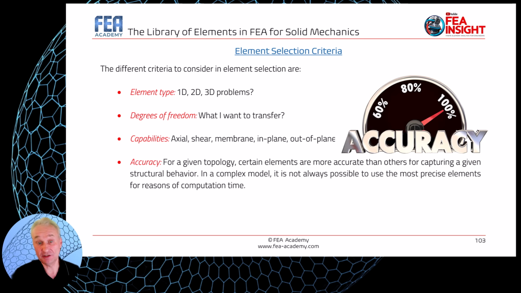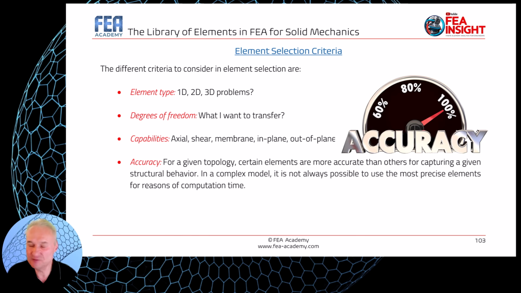There is also the accuracy for the selection of the element. For a given topology, certain elements are more accurate than others for capturing a given structural behavior. In a complex model, it is not always possible to use the most precise elements for reasons of computation time.